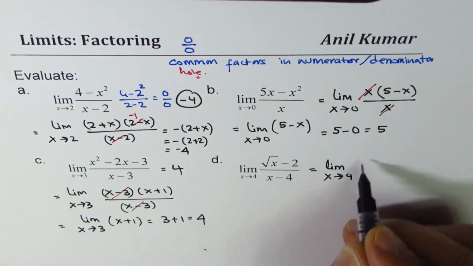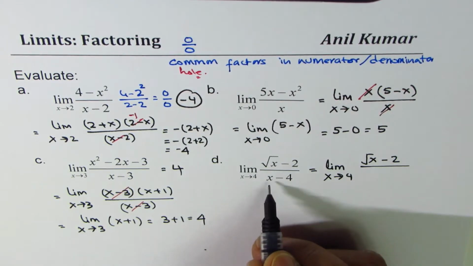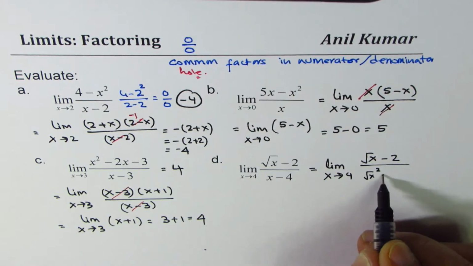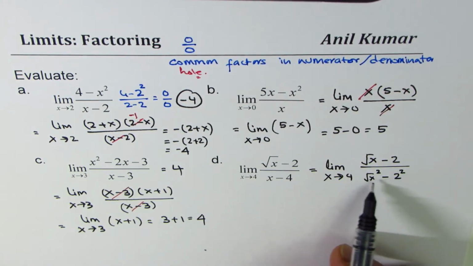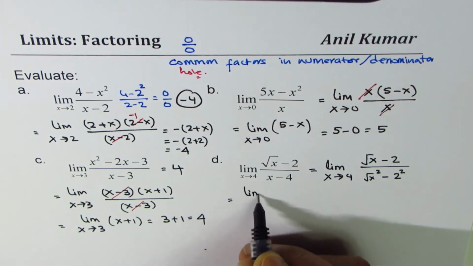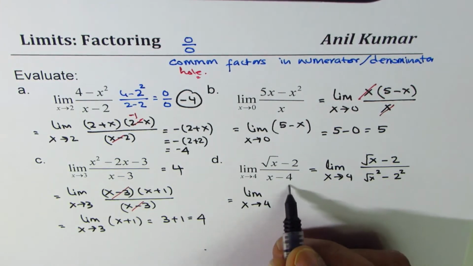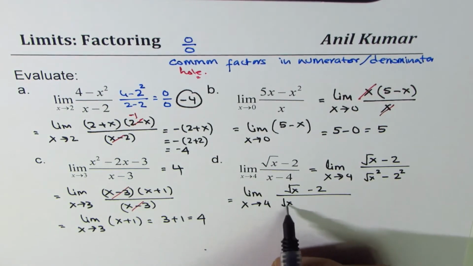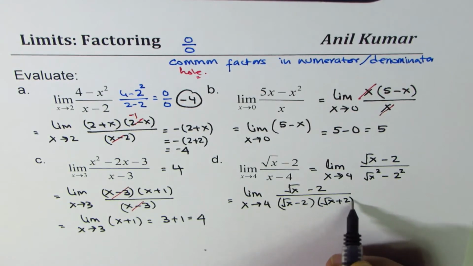X approaches 4. We have square root of x minus 2 divided by, I can write this x as square root of x square minus 2 squared. Do you see that? So I converted this into difference of squares, and now easy to factor, right? This is a very effective technique. We have square root of x minus 2, denominator is square root of x minus 2 times square root of x plus 2, correct?